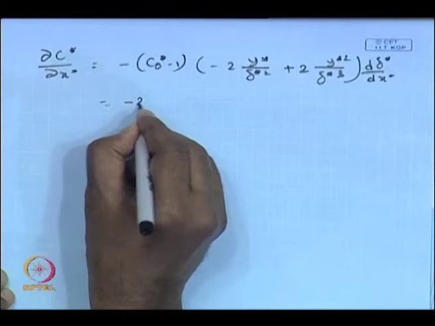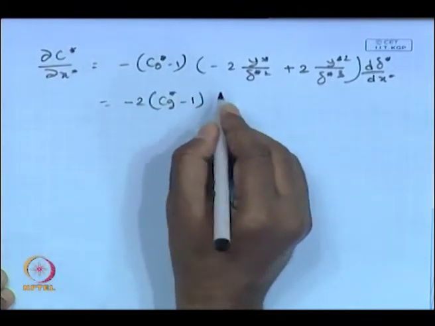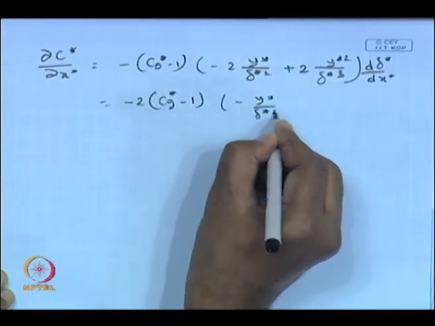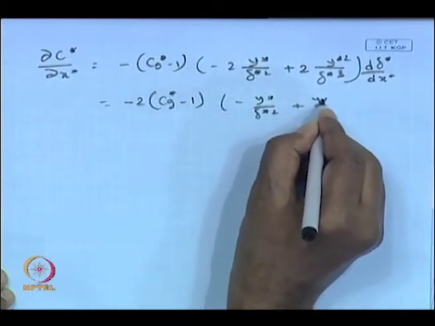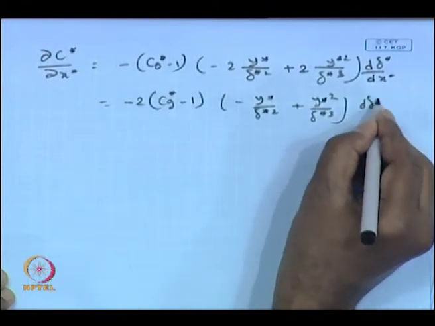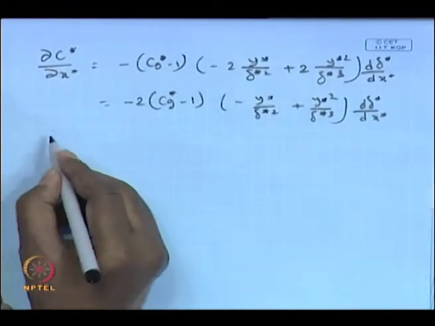This becomes minus 2 times Cg star minus 1 times minus y star by del star square plus y star square by del star cube, times d delta star dx star. Okay, that is del C star del x star.